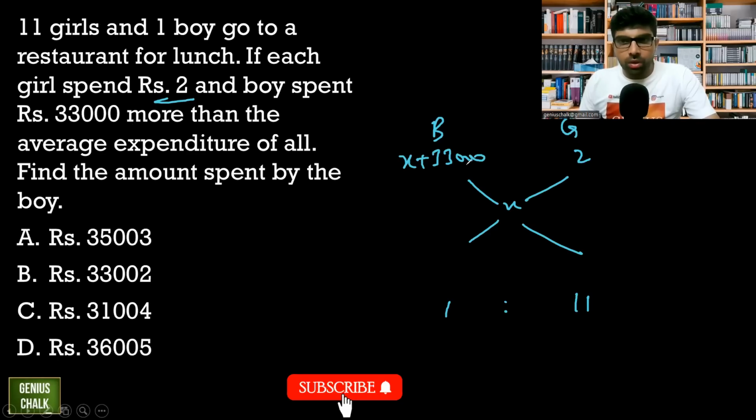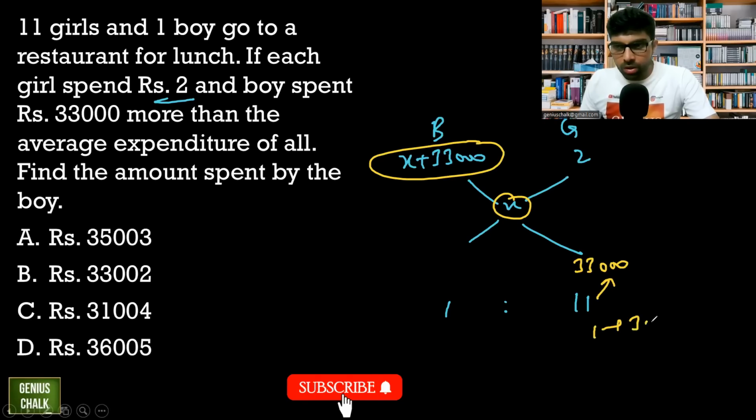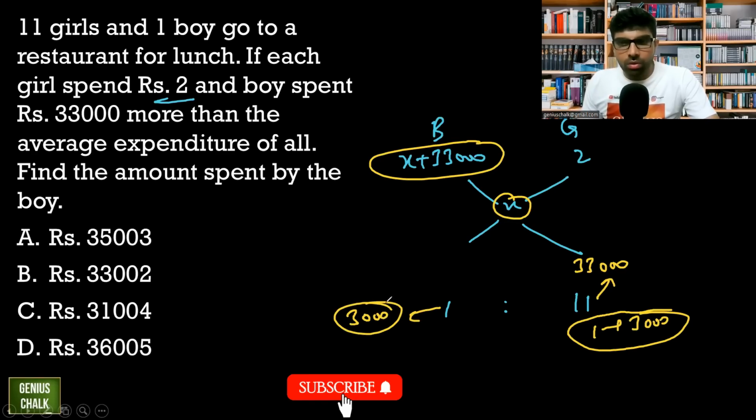So what is the difference? It is 33,000. So one value is equal to 3,000. This is 3,000, right? Now this is 2. So this value must be 3,002.